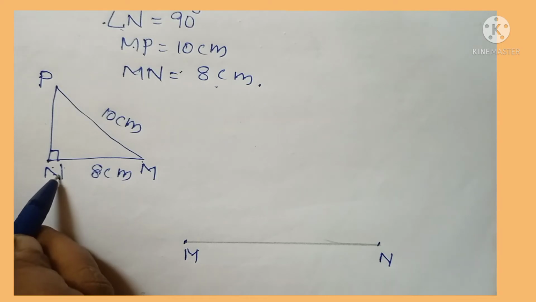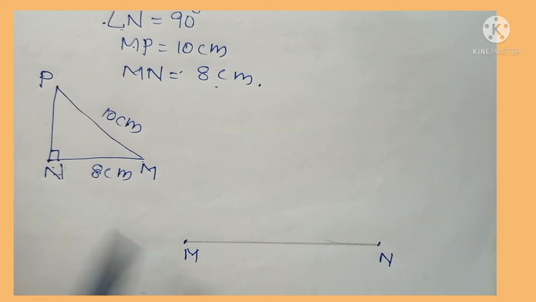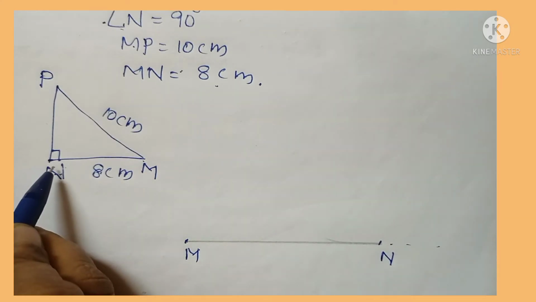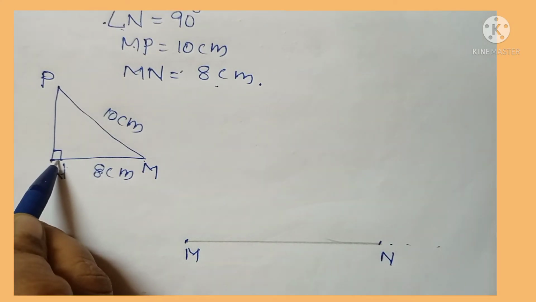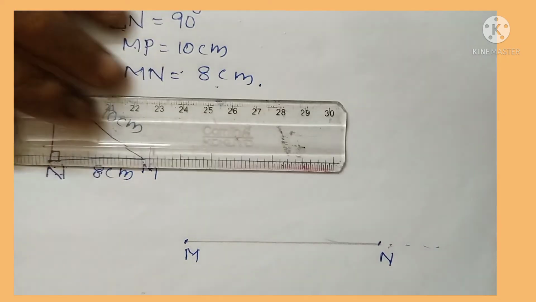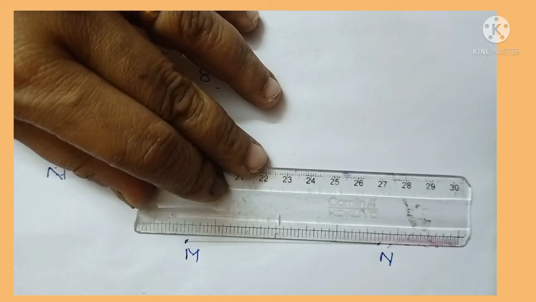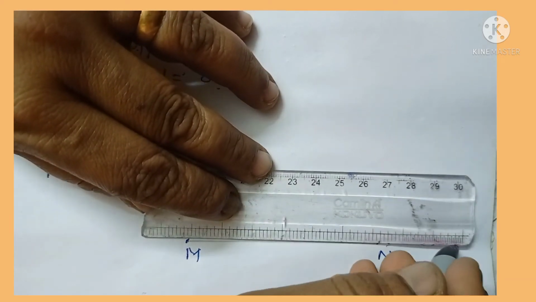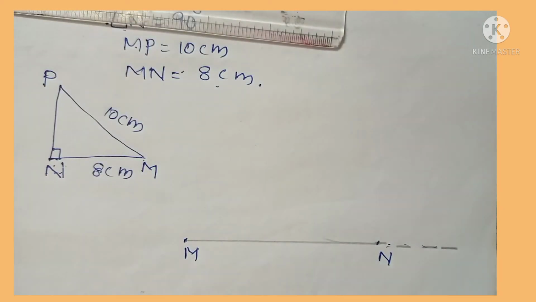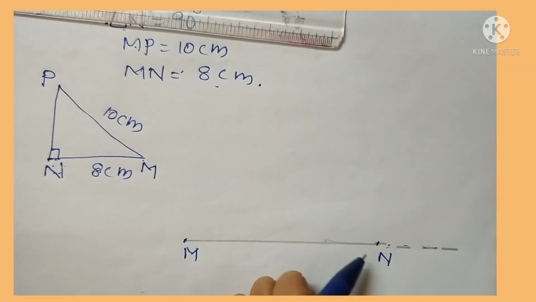Then which angle is 90? Angle N is 90. So here we want to extend this side. Since N is 90, from that we want to extend the line segment. Since N is 90, I want to extend by dotted lines. Then draw a perpendicular through the point N. Then only we will get a perpendicular side.